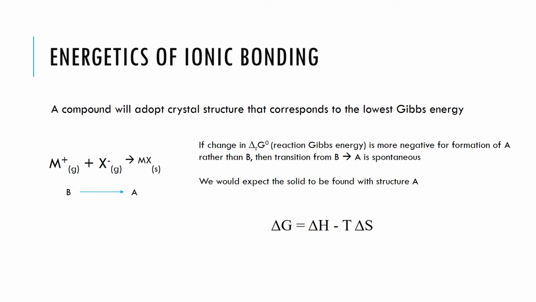And we would expect the material to be found in that solid state with a structure that we understand. You can think about sodium chloride, for example. At room temperature, it exists in the solid state in its crystalline form. It's more energetically favourable for sodium and chlorine to come together and form a solid crystalline lattice than it is for them to exist in the gaseous state at room temperature.